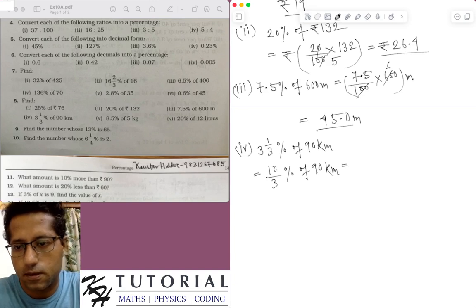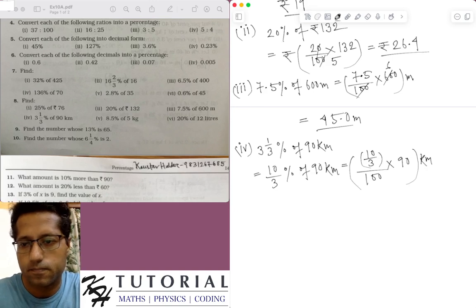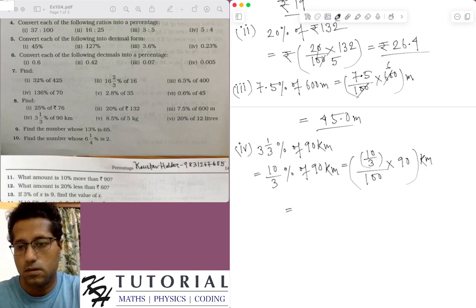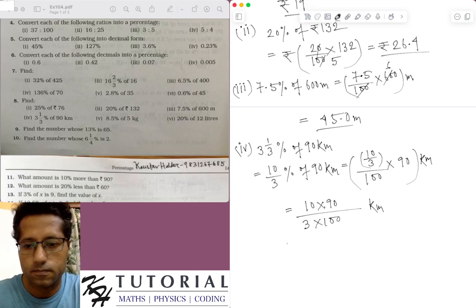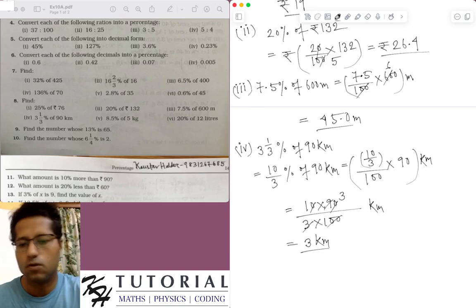This is 10 by 3 divided by 100 into 90 kilometer. This is equal to 10 into 90 divided by 3 into 100 kilometer. All the 0s cancel out. This is 3 kilometer.